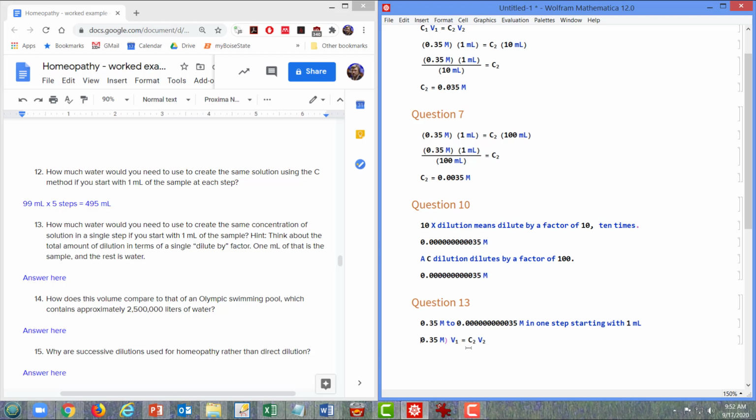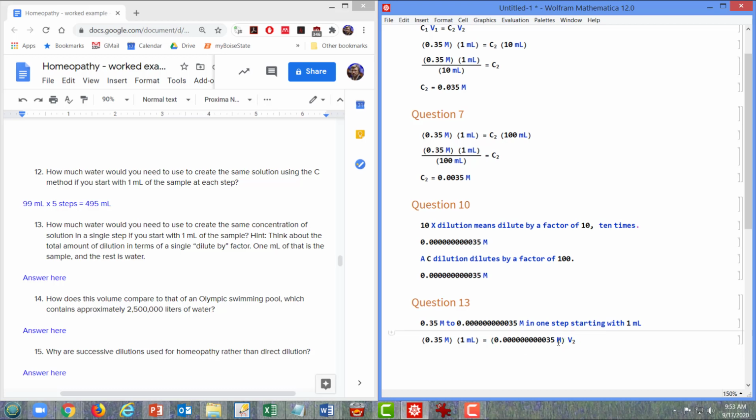I'm going to put that in parentheses. And we know we are starting with 1 milliliter of it because that's what the question says. And we know our C2 is going to be that. Again, let's put that in parentheses. And so, what we want to know now is what is V2.